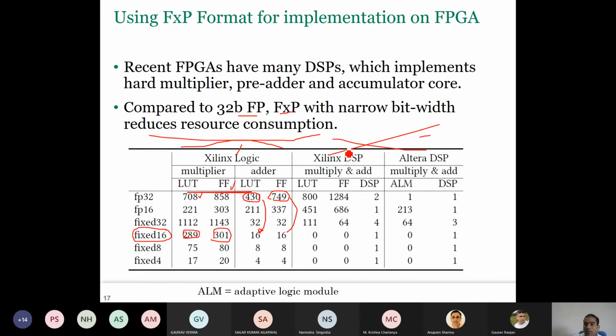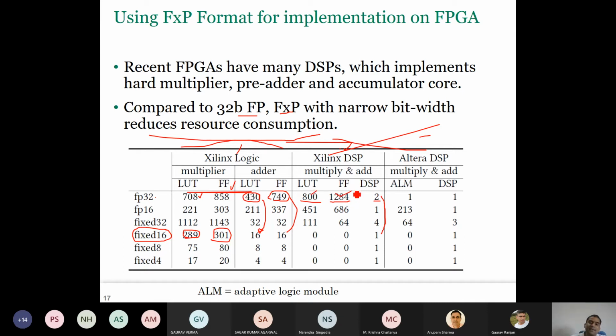Isn't it? And now you come here. Now we are also allowed to use DSP. So if we just implement FP32, we need 800 LUTs, 1284 flip-flops, and 2 DSPs. But if we go to fixed 16, we can do all this with just one DSP. Such a huge saving of resources we get here, isn't it? We don't need to use any LUT, we don't need to use any flip-flops.